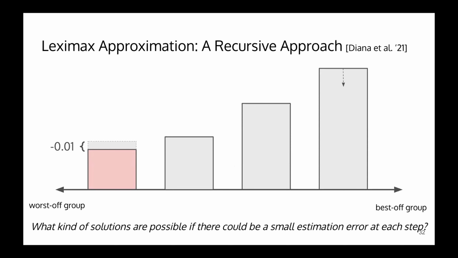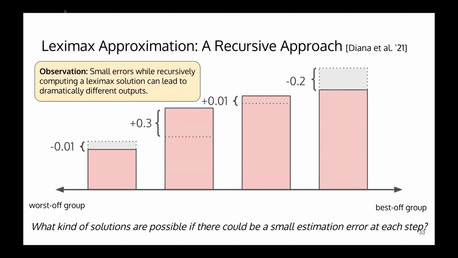So for example, given a small slack for distance to the Leximax value of the worst off group, you can reduce the set of possible hypotheses to those that are within this slight deviation. And note that this might lead to the best attainable values for the other groups to decrease, since you're now reducing the set of solutions. And so you can now repeat this across all the other groups.